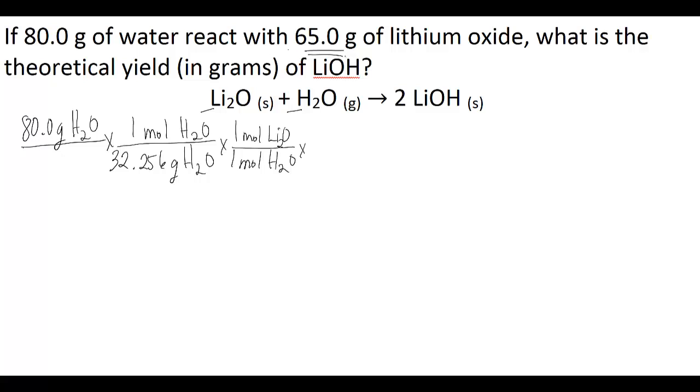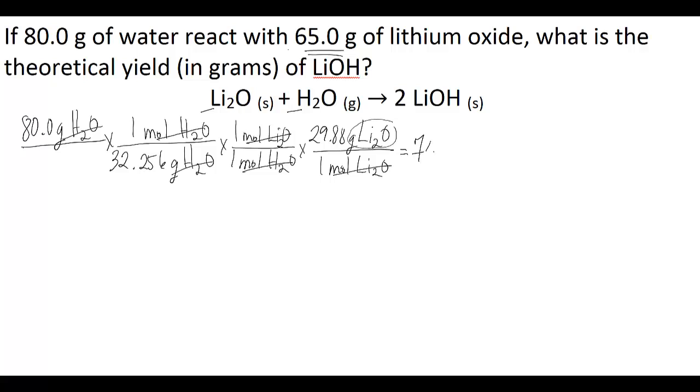So all you do is use the molar mass of lithium oxide, which is 29.88 grams of lithium oxide per mole of lithium oxide. All your units will cancel here except grams of lithium oxide. Those are the units you're left with.